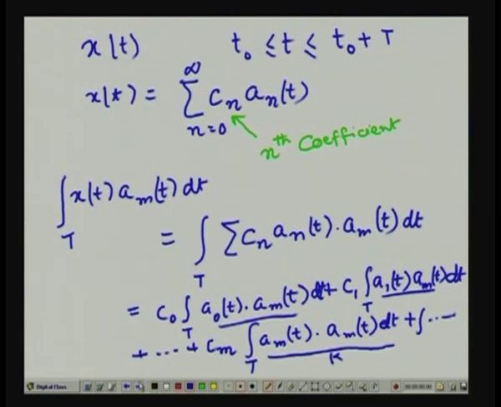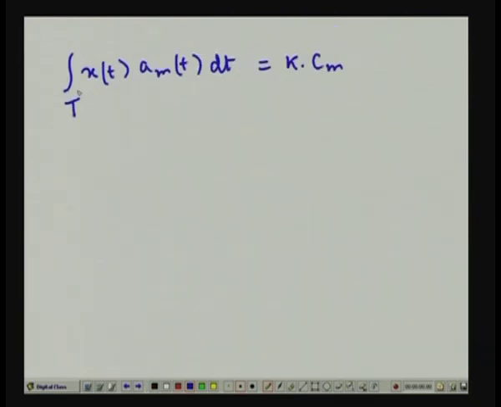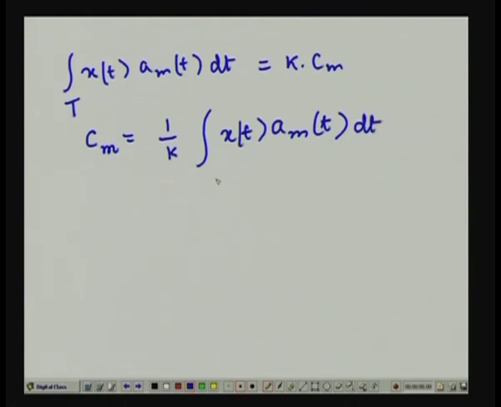So, what we get here is the integral of x(t) a_m(t) dt is equal to the constant k times C_m. From this we can easily calculate that the mth coefficient C_m will be given by 1 upon k times the integral of x(t) a_m(t) dt, where you take the integration over the interval capital T. And obviously, if this set is an orthonormal set, not just an orthogonal set, in that case the value of k is equal to 1.